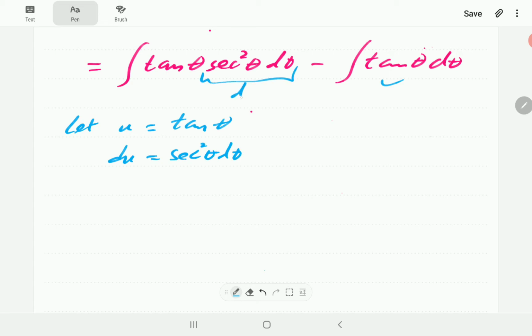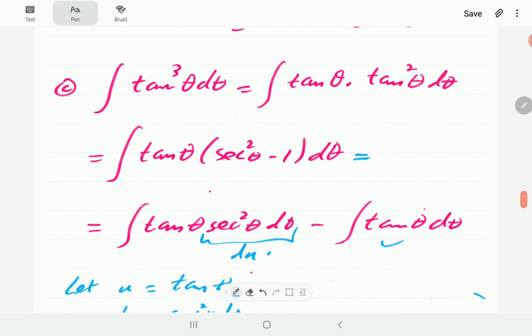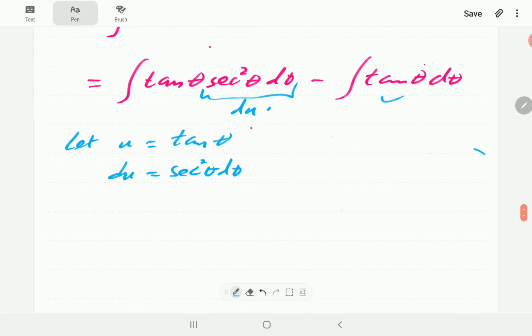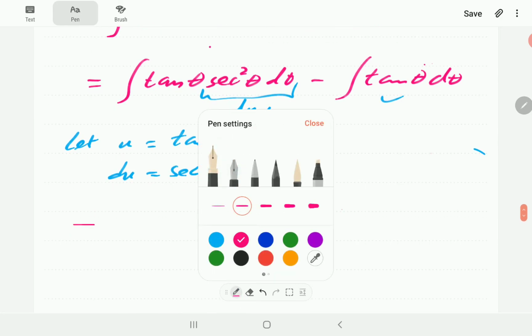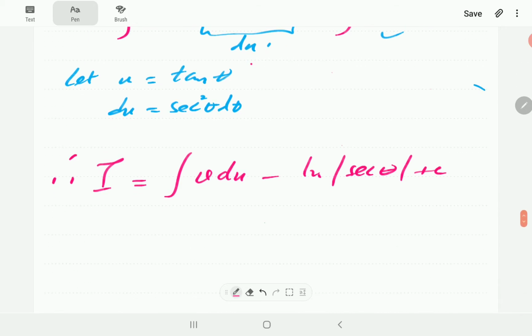So this bit is just going to be du. So if we let this be I for integral, then our integral is going to be the integral of u du minus the integral of tan, which is ln of secant theta, as we just said.